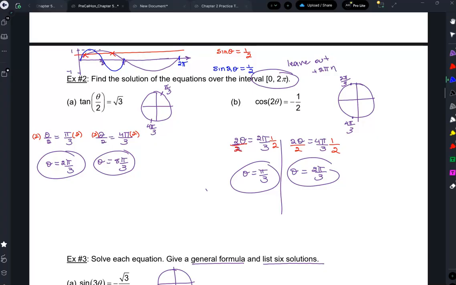Now, how many times does the blue one hit 1/2 from 0 to 2 pi? More, in this case 4 times, because the frequency is higher, so it hits 1/2 more frequently in that region.